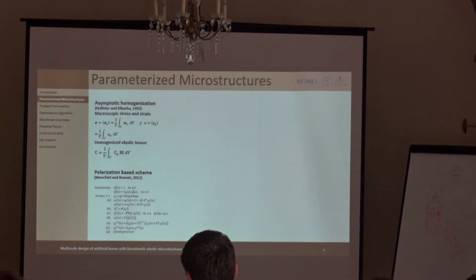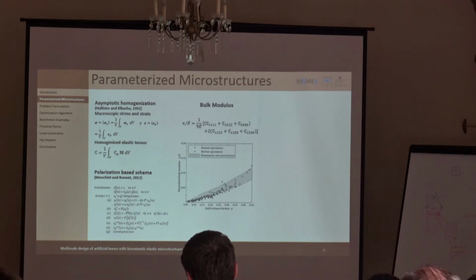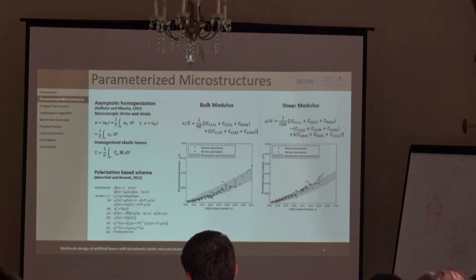So for this, we perform the homogenization of the elastic properties of the microstructures using the asymptotic homogenization and a fast Fourier transform method that is called the polarization-based scheme. And we computed the bulk modulus and shear modulus, and we compare the void estimates of these modulus with the 2 sets of natural bone samples.